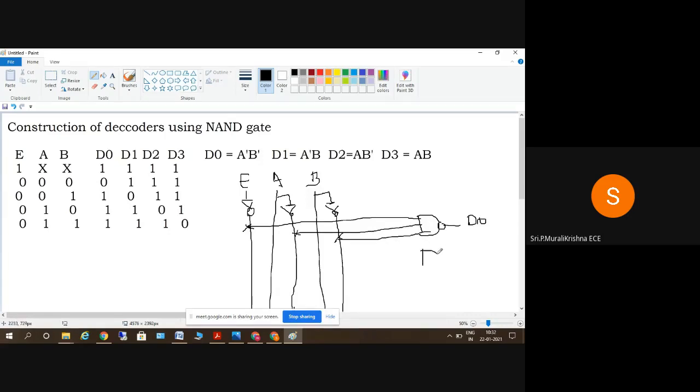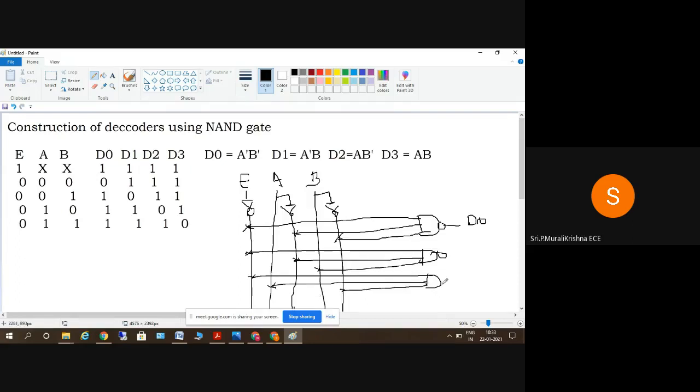For D1, enable is 0, with a NAND gate and A bar B. This is A bar and this is B. For the remaining cases, this is D2, A B bar, so enable should be there, and this is A and this is B bar.